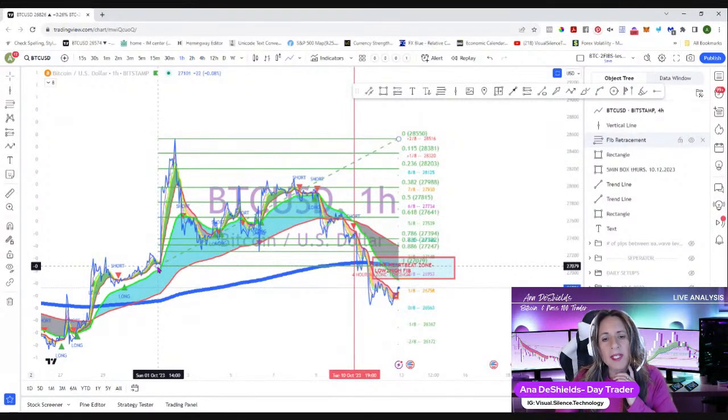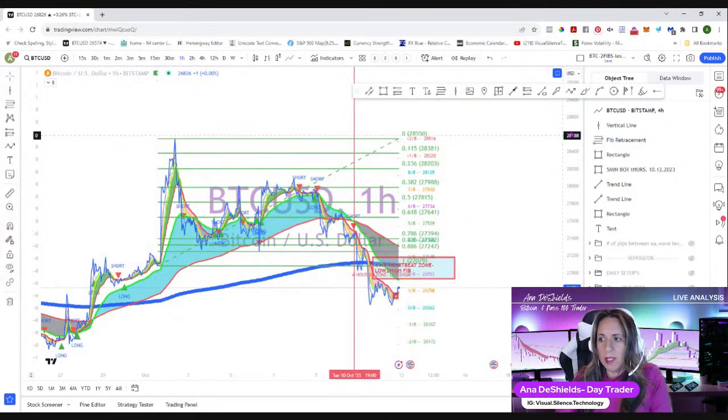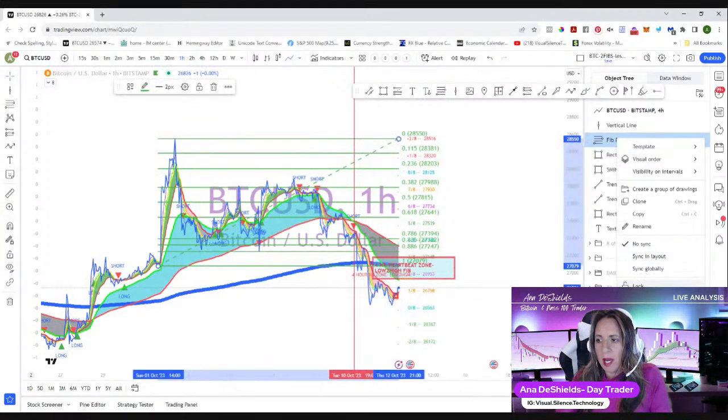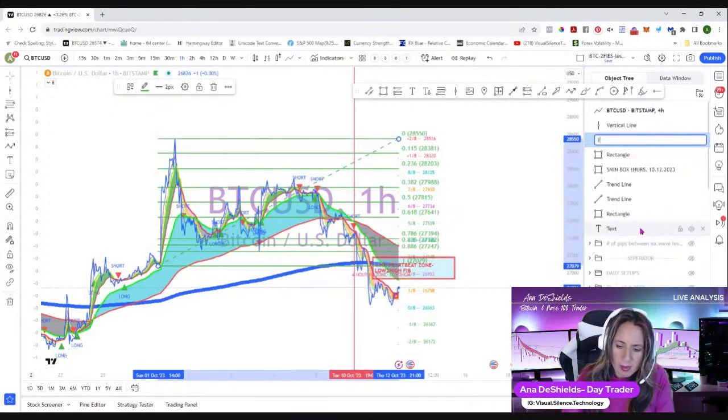So here I started this fib on 10-1. So what I'll do is rename that so I know when I started the fib, and it's on the 1 hour time frame, and then it's a low to high fib. And then I put the date of when I made it. And I think I made this on Tuesday. So I'm going to put 10/10/23, but with a question mark.